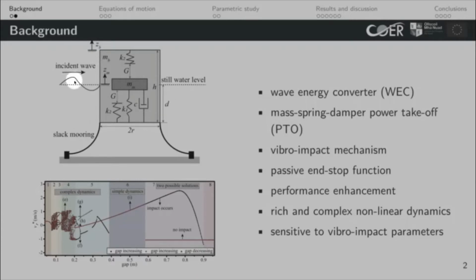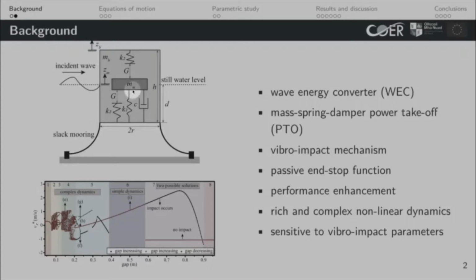When the wave is huge, the inner mass may collide with the bottom or the top of the buoy, hence end-stop protection is required for such a system, which can be achieved by active control or passive design. In this study, we introduce a wide-band impact mechanism, adding impact springs at the top or bottom of the buoy.